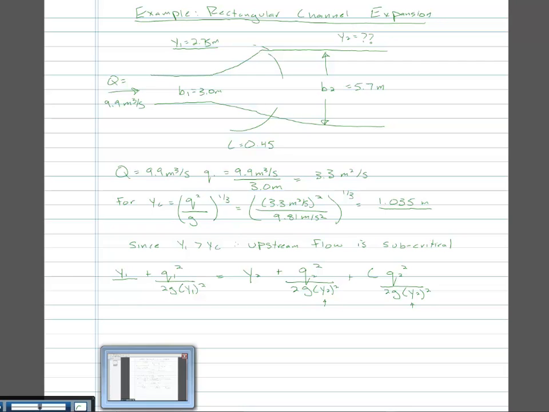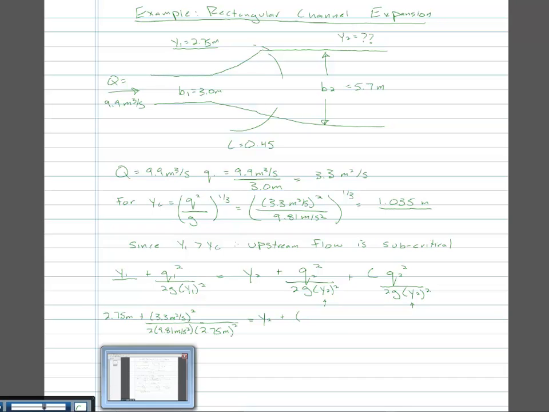Okay, and so for this case, the flow depth at 1 is 2.75 meters. The flow per unit width, 3.3 meters squared per second. Squaring that, 2g, and the initial flow depth, 2.75 meters squared. That's equal to the unknown y2 plus the flow per unit width at 2.